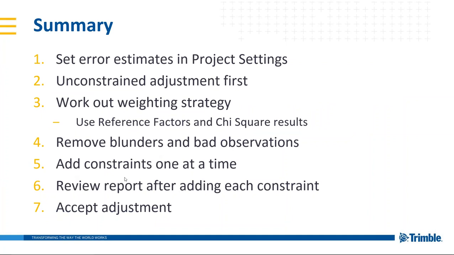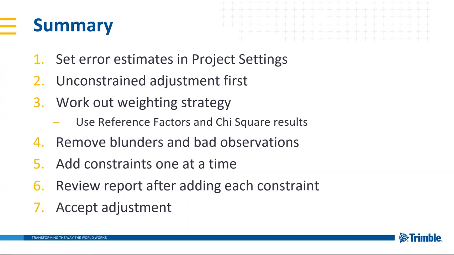So as you saw today, some of the best practices and workflows are summarized here. The first thing we've done is we've set our error estimates. We've paid close attention to the default standard errors that play a big role in our network adjustment. Then what Richard did next was an unconstrained adjustment first and working out the weighting strategy.